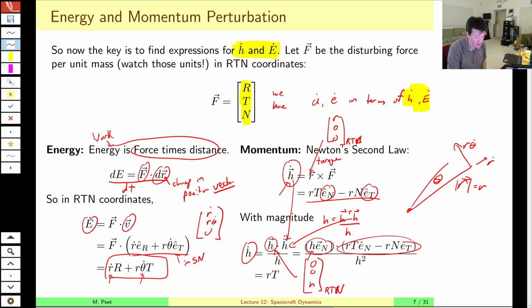We take the dot product of those two values, and then everything cancels out. This is orthogonal to that, so that disappears, and then we just have the product of those two. There's an H squared, so that disappears. In the end we just get R F_T. So the rate of change of the angular momentum magnitude is the distance times the force in the tangential direction. A very simple expression.